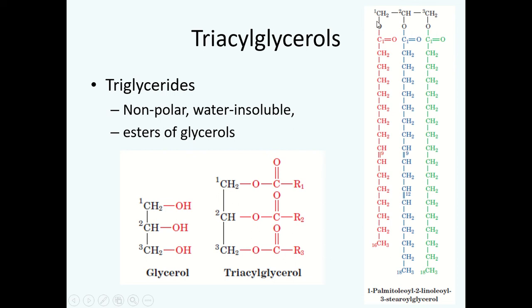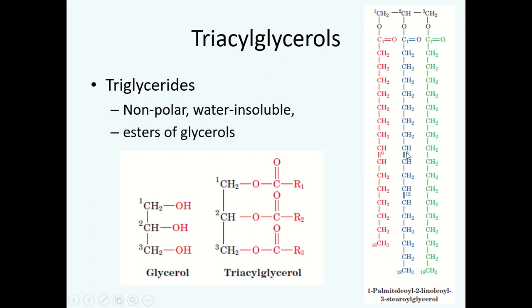In this figure, you can see three different types of fatty acids attached to glycerol. The first one, shown in red, is palmitic acid. It is a 16-carbon fatty acid. The second one shown here is an 18-carbon fatty acid, linoleic acid. Linoleic acid is an unsaturated fatty acid.